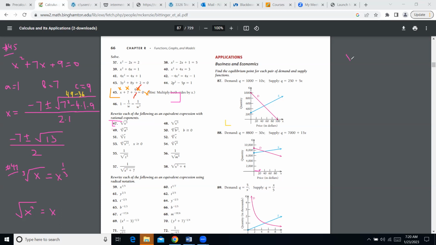So if you have, for example, the nth root of x raised to the power of m, then you write this as x raised to the power of m as a numerator, but the nth root is a denominator. Like here we had a cube root with exercise 47, then the power of 3 went in the denominator.